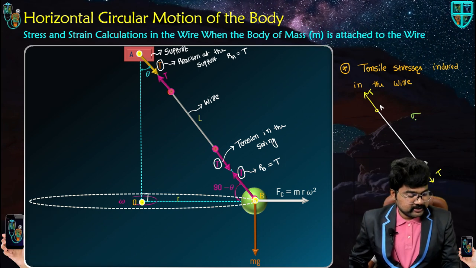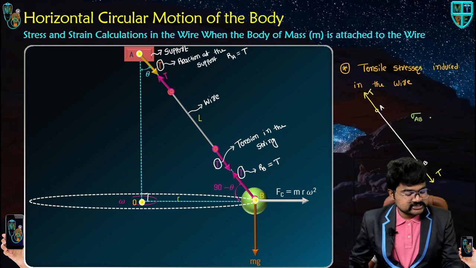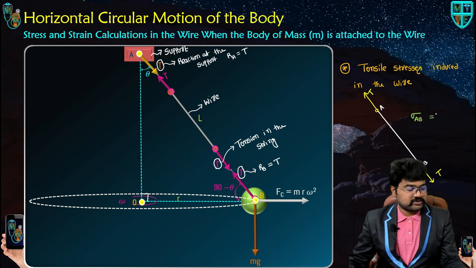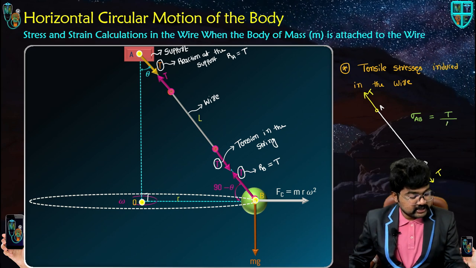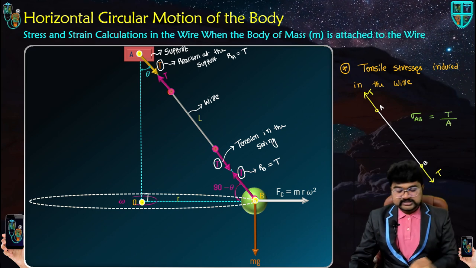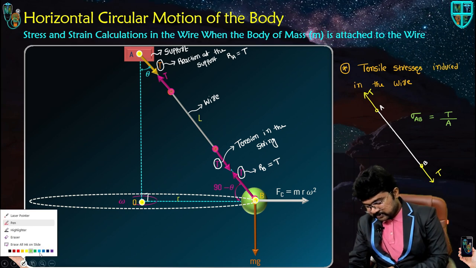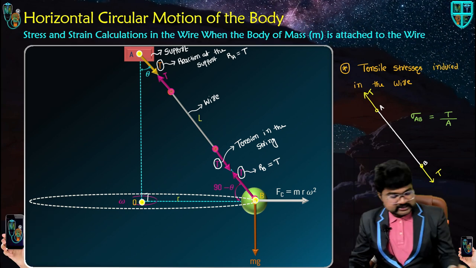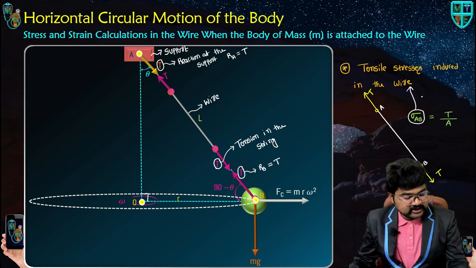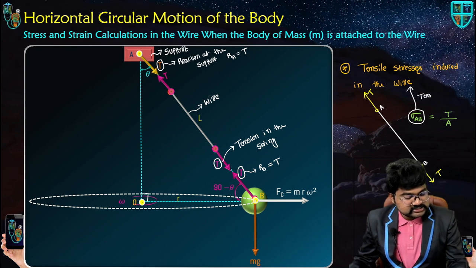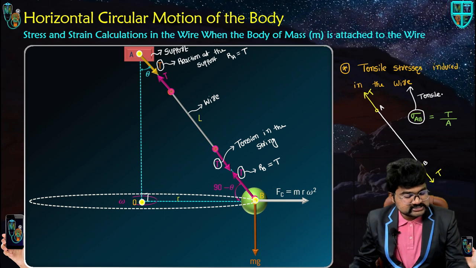Sigma AB is the tensile stress. The load acting on the wire, the tension in the string, divided by the area of cross section. This is tensile in nature and it is positive. Tensile stresses.